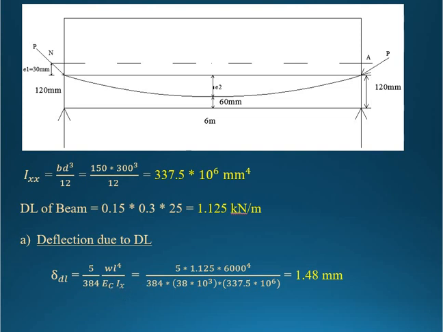I, the moment of inertia, is unknown, so we should calculate. L is known, and W is unknown, so we should find out W as well as I.